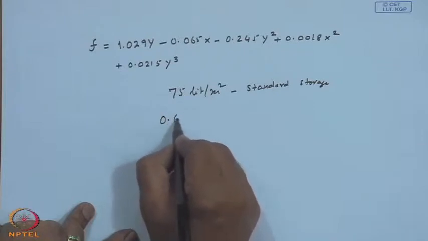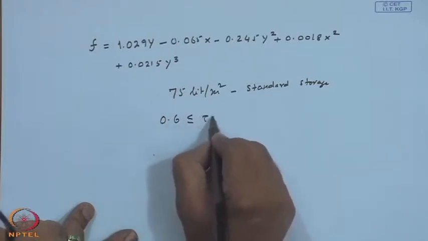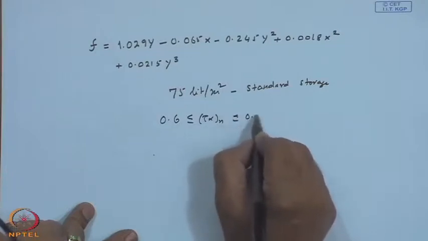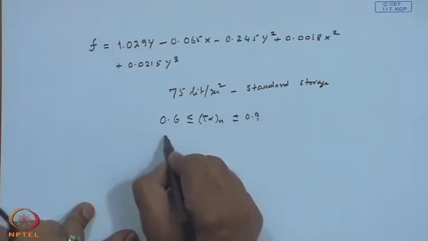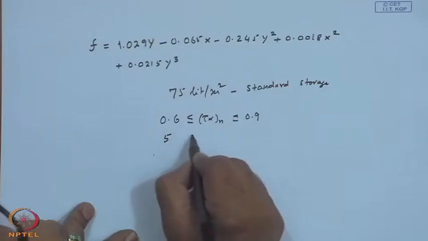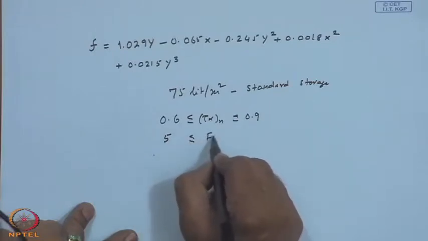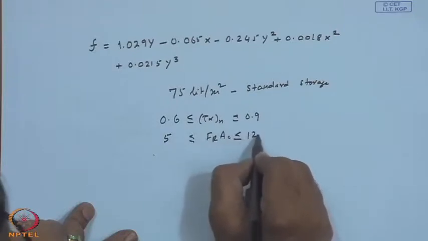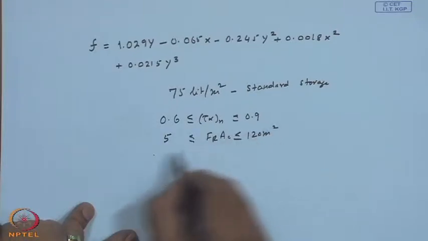However, I shall repeat: 0.6 is less than or equal to the normal transmittance-absorptance product, which is less than 0.9, and the collector area times heat removal factor product is within the limits of 5 to 120 square meters.